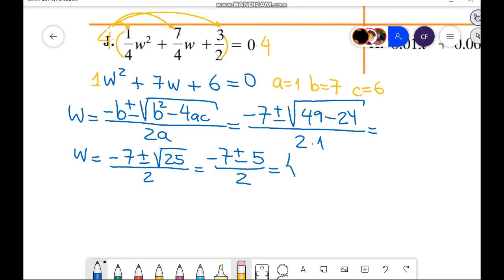And you're going to have two solutions. W equals -7 minus 5, -12, divided by 2, -6, and -7 plus 5, -2, divided by 2, -1. The answers are -6 and -1.